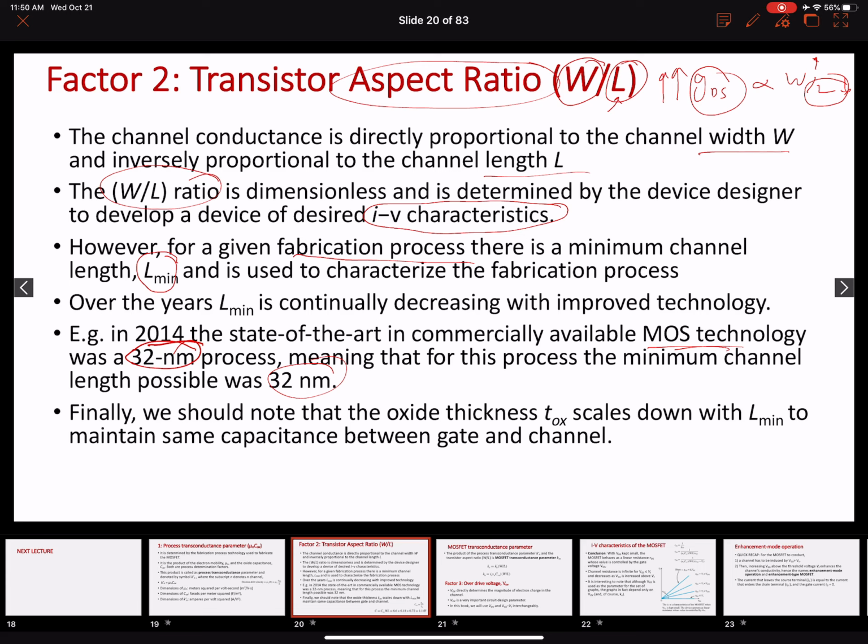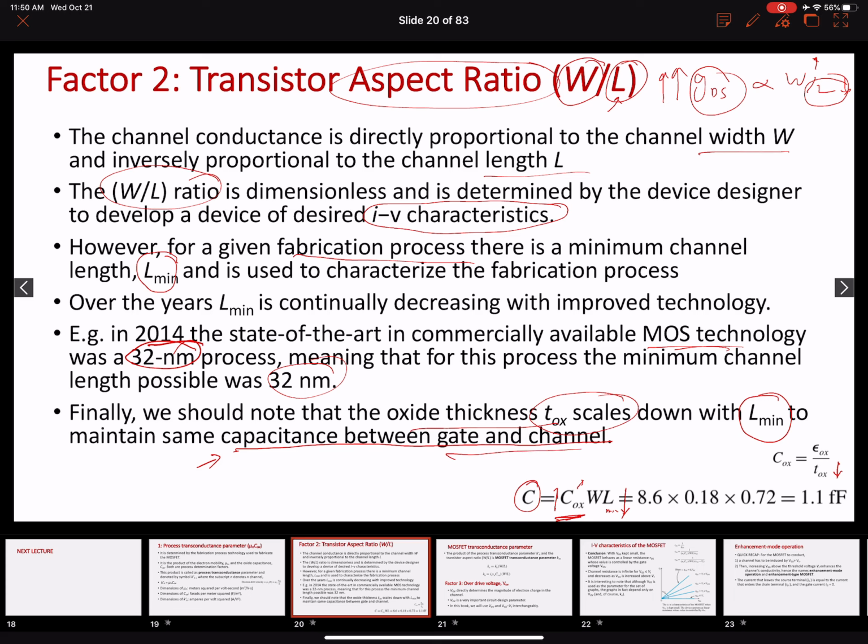Another important thing is that in order to keep the capacitance between the gate and the channel the same, if you vary L-min, the thickness of the oxide needs to be varied as well. If you reduce the length of the channel, the oxide thickness needs to be reduced as well, to increase the oxide capacitance and maintain the same capacitance between the gate and the channel.